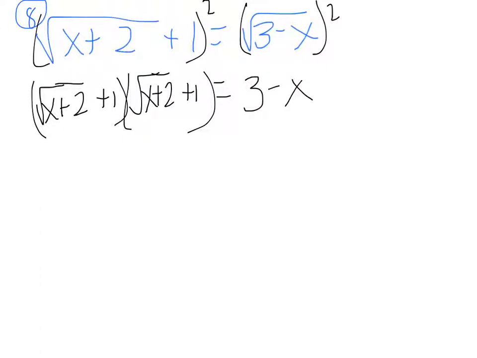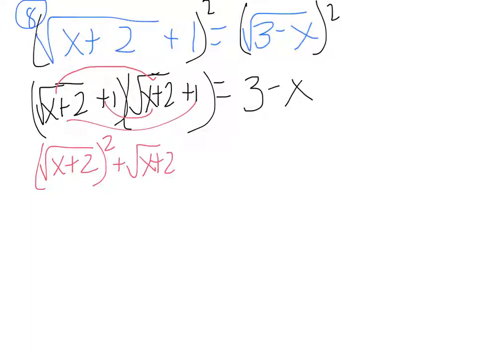Over here on this left side, we are going to multiply them, and I'm going to FOIL, so I have the square root of x plus 2 times itself, which is squared. And then I'll have plus the square root of x plus 2, plus the square root of x plus 2, plus 1 equals 3 minus x.